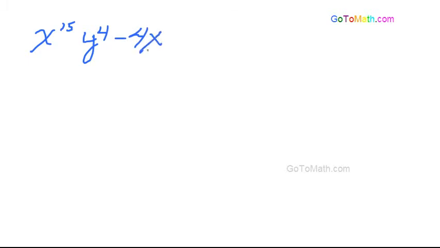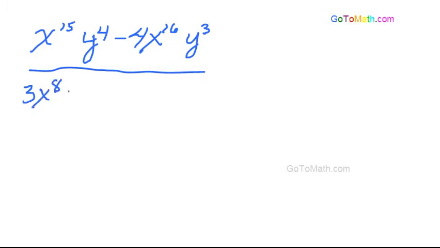My setup here is not very good right now. I'm in the dark, kinda. Y to the 3rd. Okay, 3x to the 8th, y to the 11th, plus x to the 8th and y to the 10th.